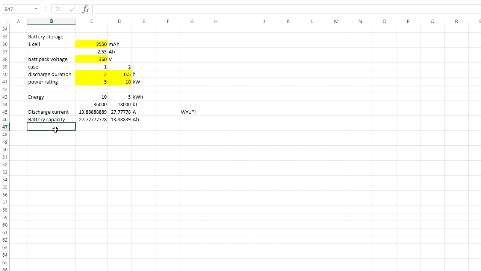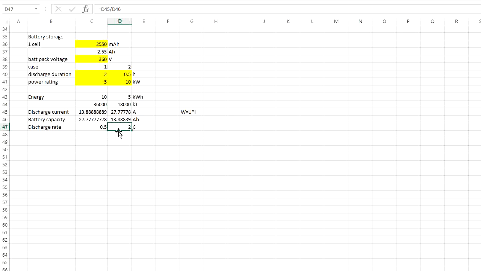But before we calculate the number of battery cells, let's have a look at the discharge rate. Because we have the current divided by capacity, and we get the discharge rate being 0.5 capacity in the first case, so that's less than 1C, so that's alright.